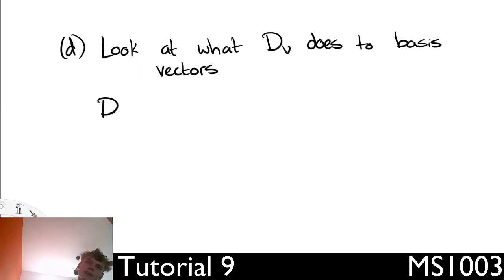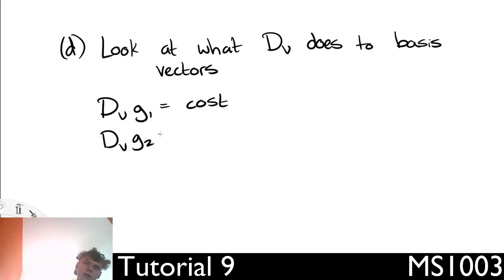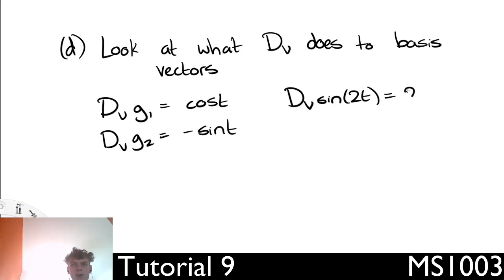So D of g1, which is sine of t, is cosine of t. D of g2 we know is minus sine t. g3 is sine of 2t, so all that happens here is you get an extra 2 out the front because of the chain rule, and the cosine of 2t.